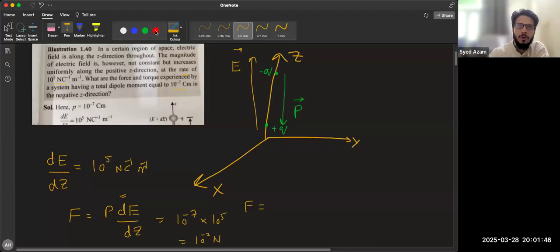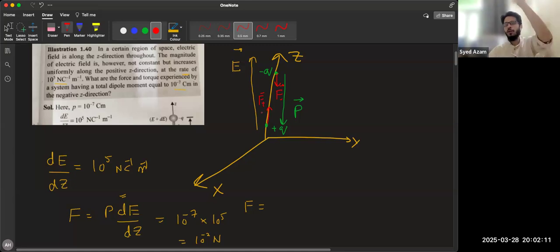For the direction, this is minus q charge. Field is along positive z-axis. Negative charge will experience force in the downwards direction. Let's call this F negative. The positive charge will experience force in the direction of field. That's F positive. The net force will be due to the subtraction of these two forces. Now we have to decide out of these which one is the stronger one.